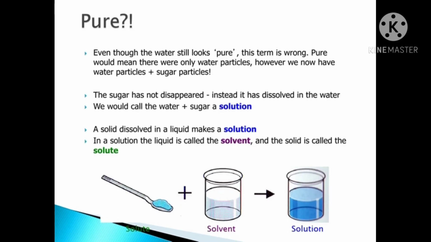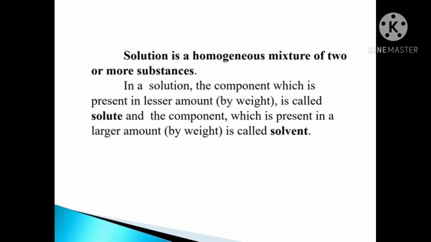So finally, the conclusion. What is a solution? A solid dissolved in a liquid makes a solution. A solution is a homogeneous mixture of two or more substances, consisting of two components: one is solute, another is solvent.